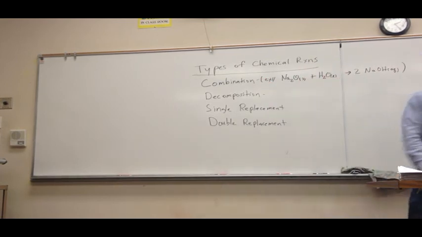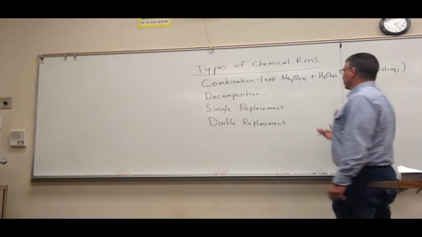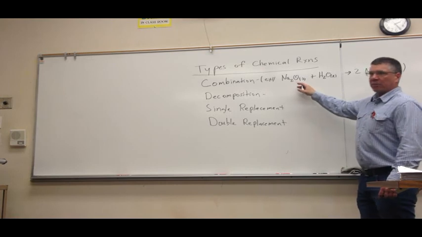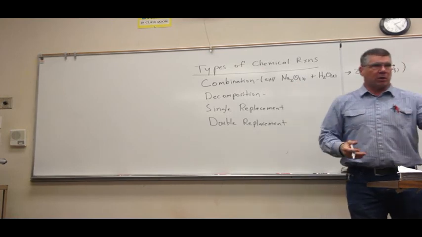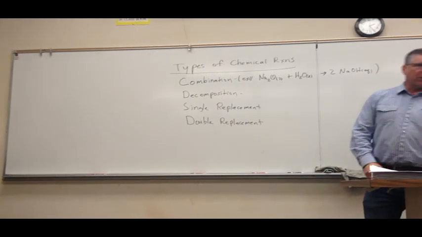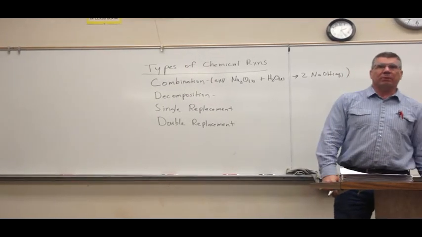Decomposition reaction, it's really kind of the opposite of a combination reaction. In a combination reaction, you have 2 things usually combining to make one. In a decomposition, you usually have 1 thing breaking apart into 2 or more substances.